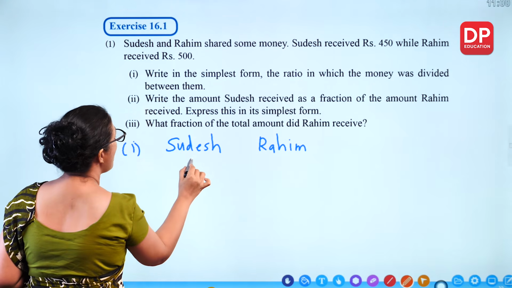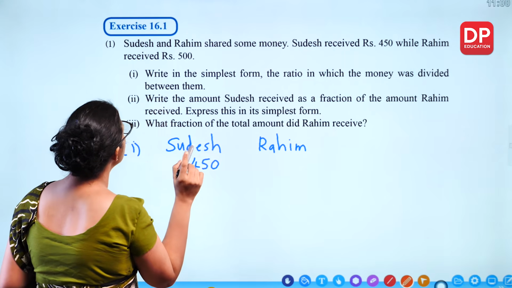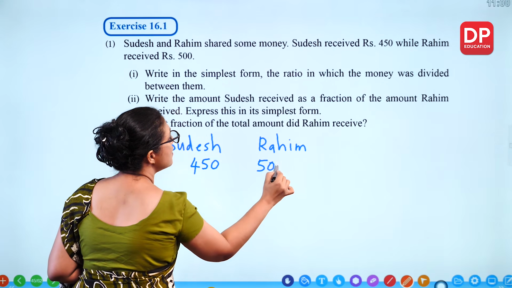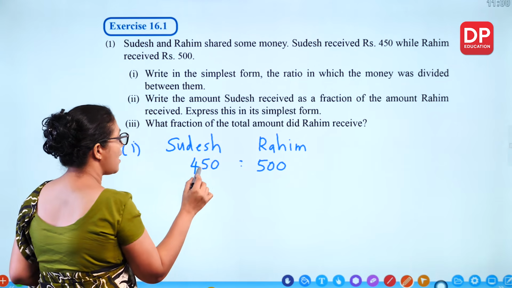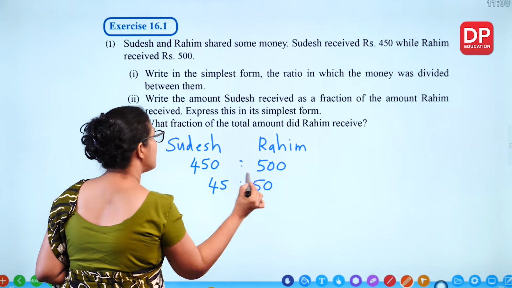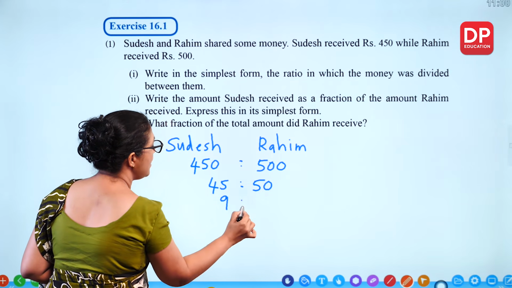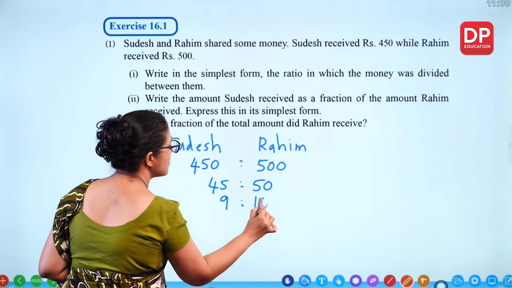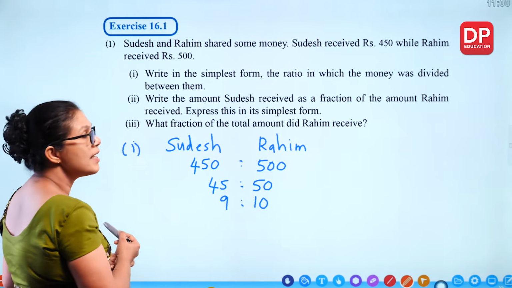Sudesh received 450 rupees and Rahim received 500. So what's the ratio in the lowest form? You can divide by 10, that's 45 and 50. Then divide by 5, 9 and 10. So the simplest form is 9 to 10.